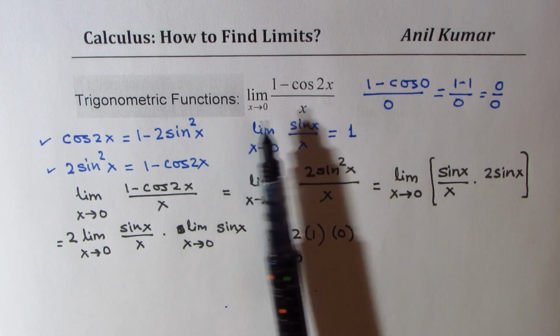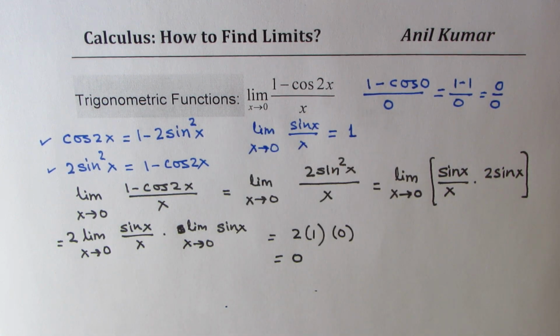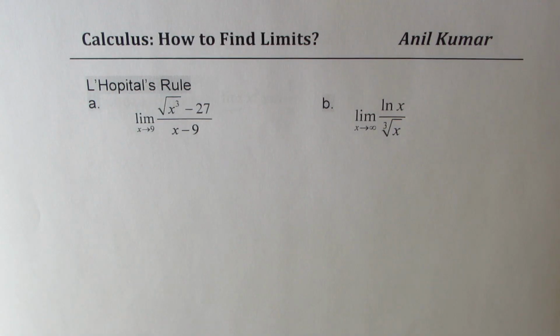Now to really get all the questions based on trigonometric functions, you have to recall all the formulas you have learned for compound angles. Now let's move on and take some examples based on logarithmic functions. Now we have two examples here where we'll try to see how to apply L'Hopital's rule to find the limits.